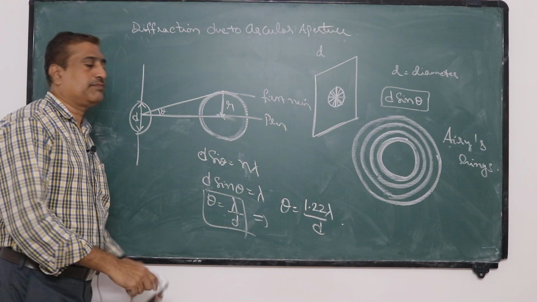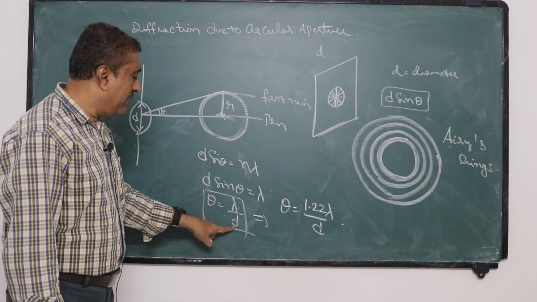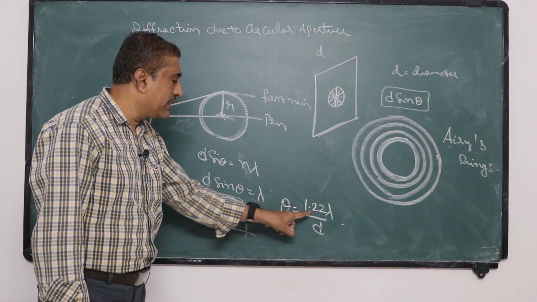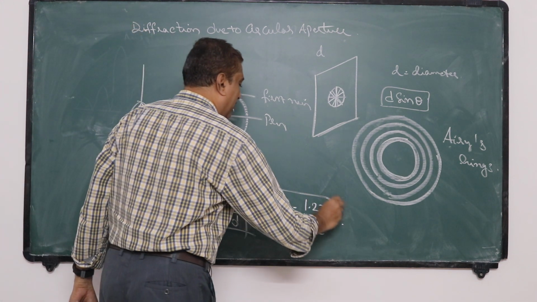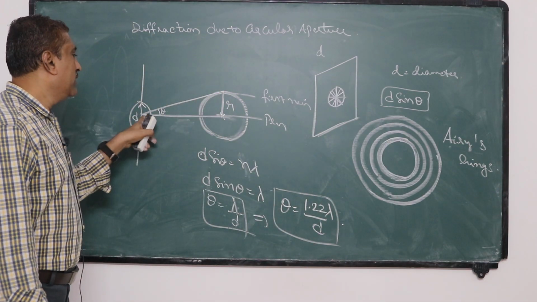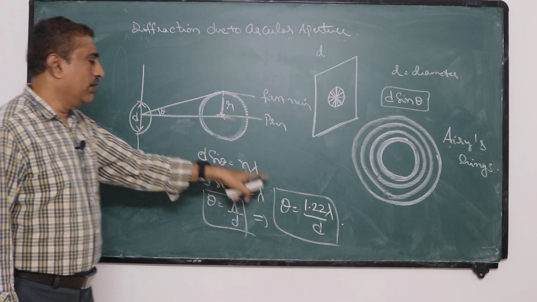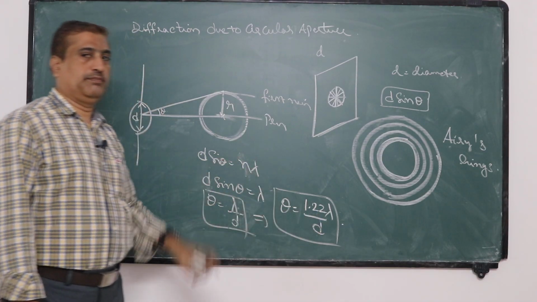This is the Airy correction. That means instead of 1 lambda by d, he corrected the equation as 1.22 lambda by d. So this you have to remember. So the angular position of this particular ring is equal to 1.22 lambda by d.